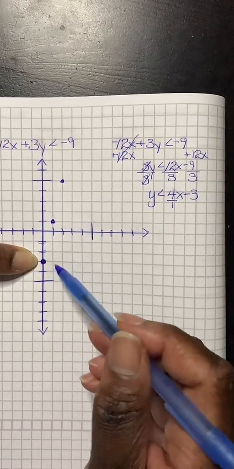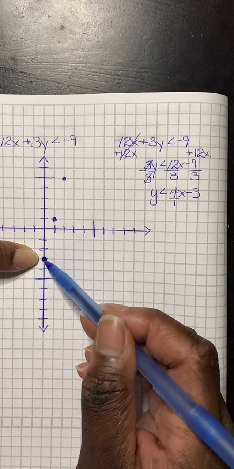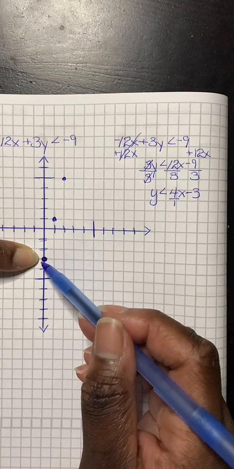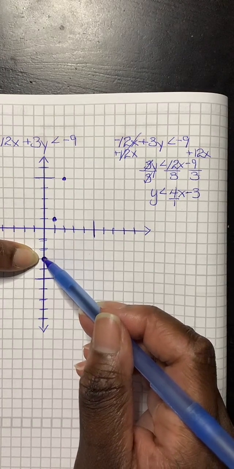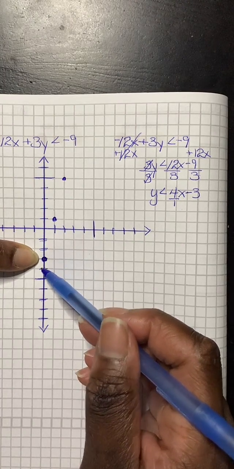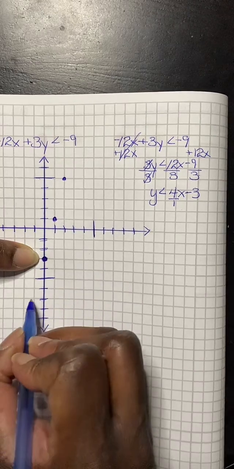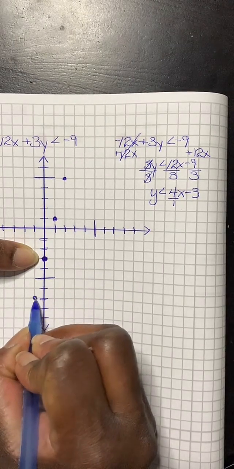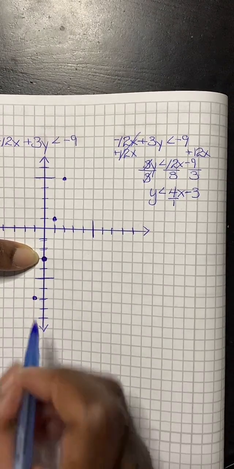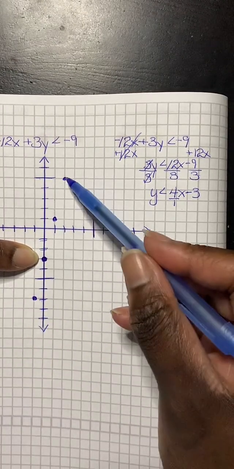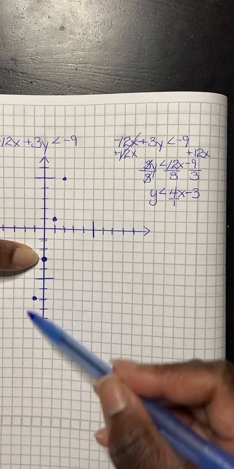If I wanted to go double negatives, I can, because remember, a negative divided by a negative is a positive. So I could go down 4: 1, 2, 3, 4, but over to the left 1. That's an option as well. Notice it's nice and straight in that line.